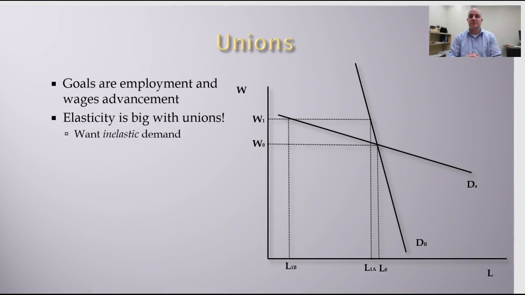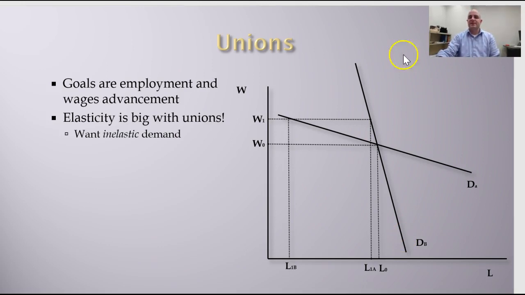So when it comes to unions, large elasticities are a problem, and unions want inelastic demand. Consider this case here. We have two demand curves, demand A and demand B. Demand A is relatively elastic, to where the demand is very sensitive to changes in wage, and demand B is fairly inelastic.